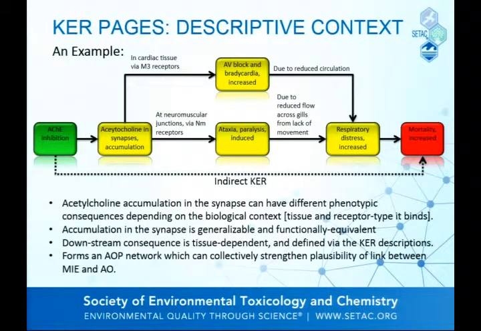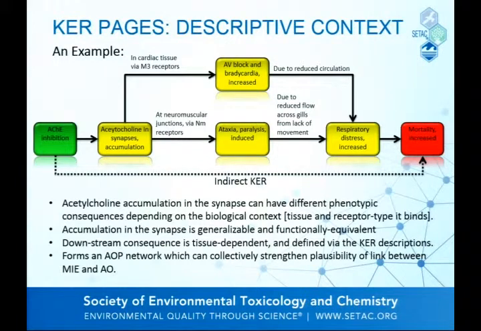This is the final example I'm going to talk about. This is really going back to the acetylcholine inhibition that I mentioned to you before. What you see here is that indirect key event relationship, but here's actually the whole network of events that results in that adverse outcome. You can quickly see that acetylcholine accumulation in the synapse, which is key event 1, can have different phenotypic consequences, depending on the biological context.